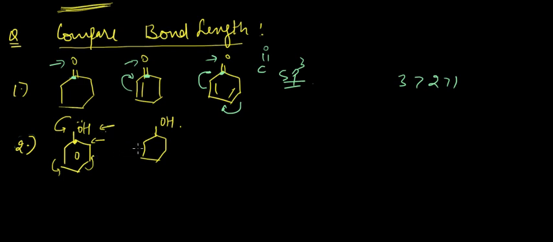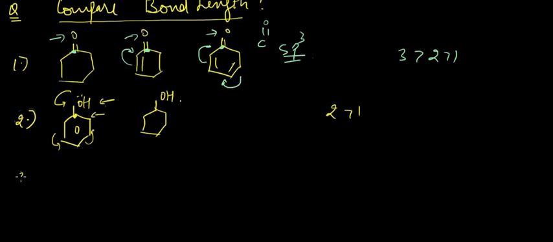Hence, due to possessing double bond character, the bond length would actually reduce. Hence the bond length order would be 2 more than 1, because 2 is already a single bond. There is no scope for double bond character in this compound, because there is no lone pair pi electron conjugation.